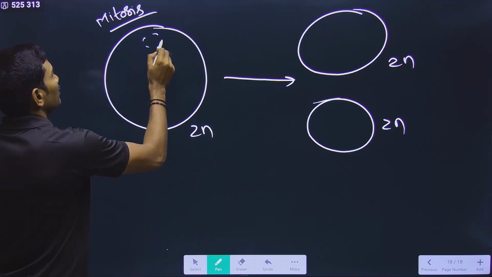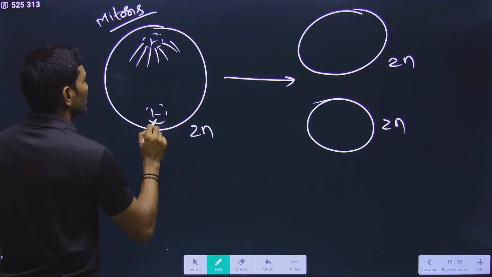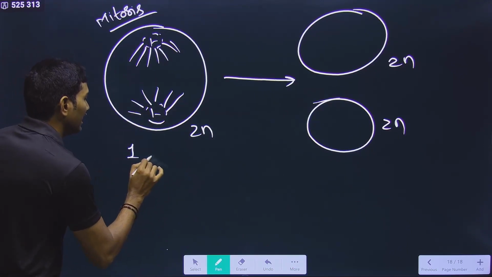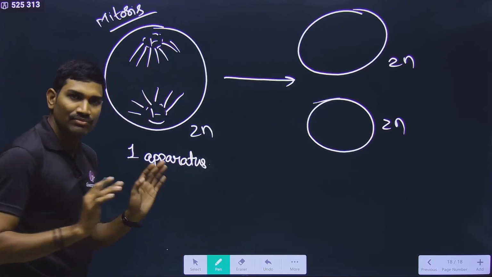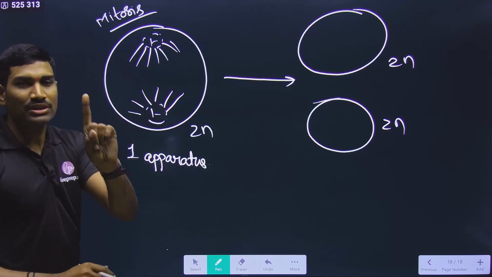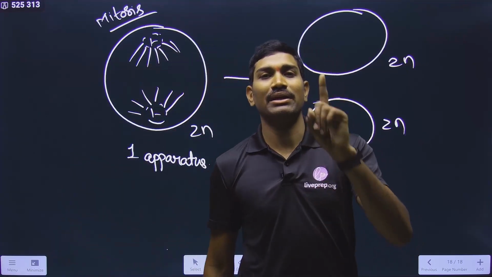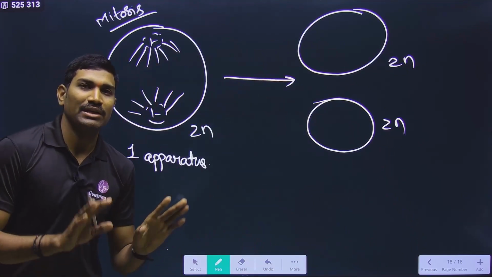Spindle poles with spindle fibers, completely, is called one apparatus. That's it. So in one mitosis, how many mitotic apparatus? One mitotic apparatus or one spindle apparatus.